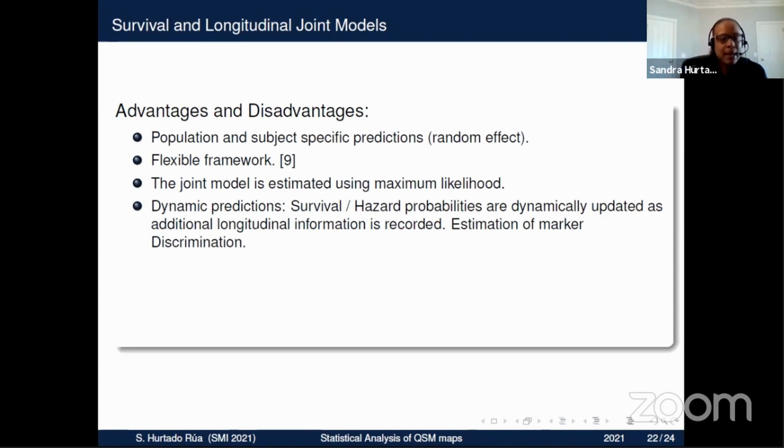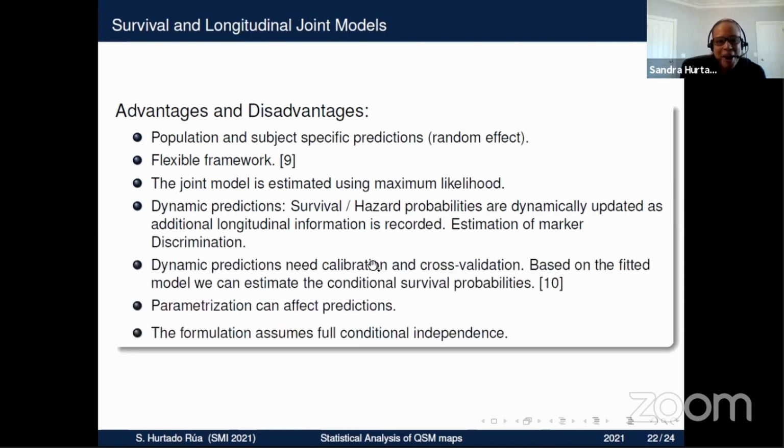You can do dynamic prediction here, where the hazard, the instantaneous risk of disability, can be dynamically updated following the longitudinal evolution of the biomarker.